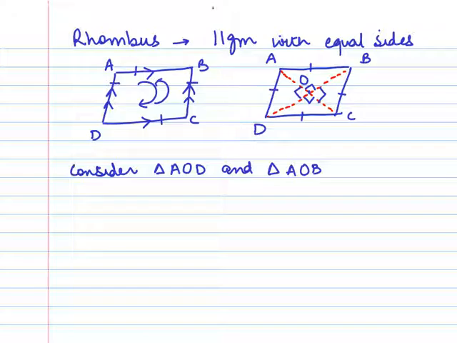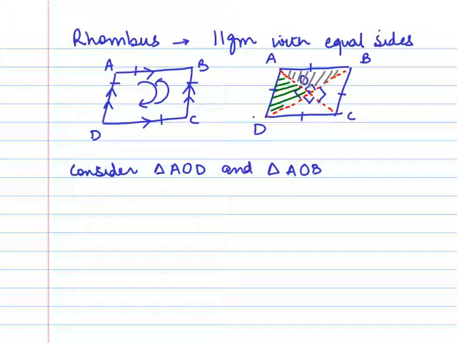So I will shade these two triangles which we are considering, this and this one, right? You have to consider triangle AOD and triangle AOB.